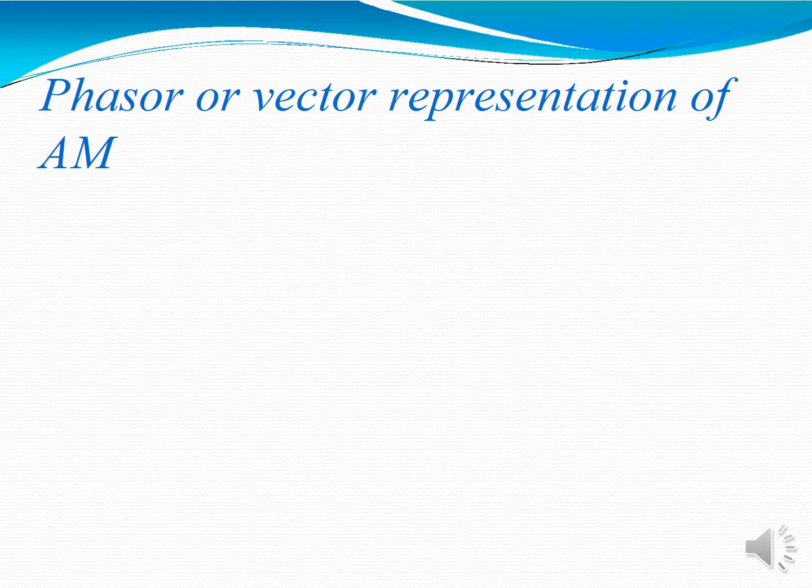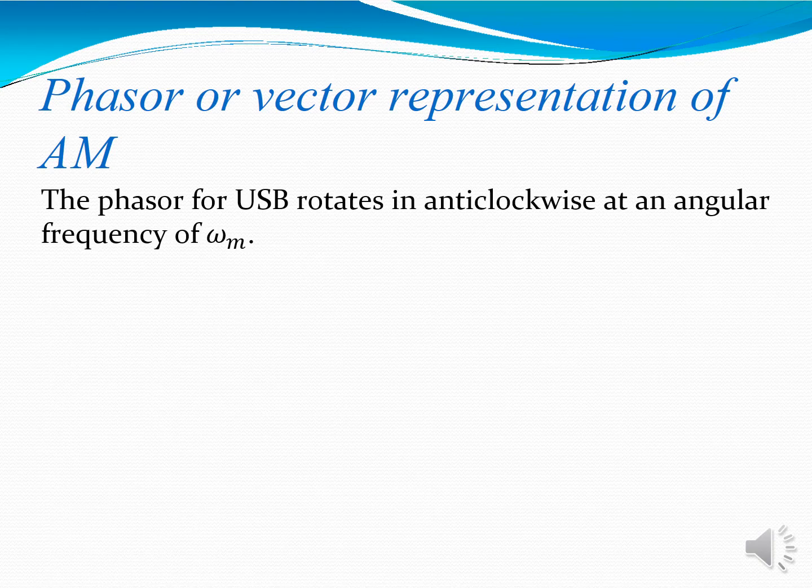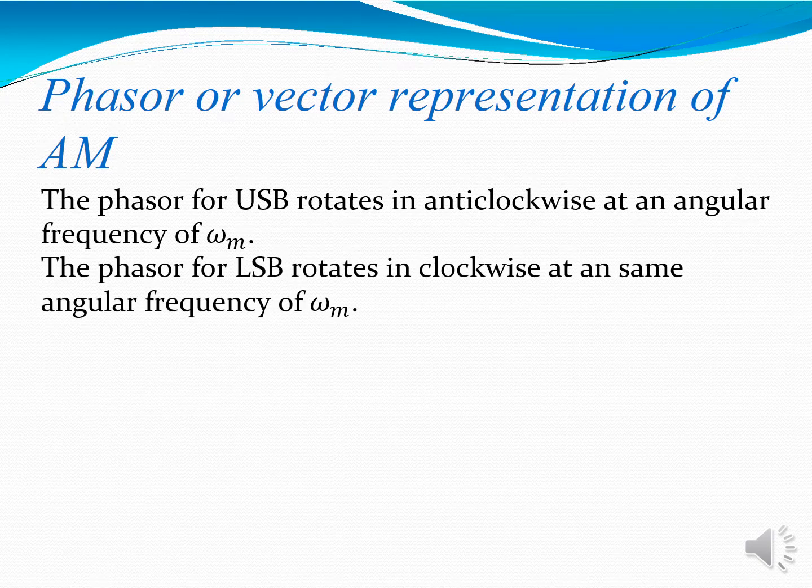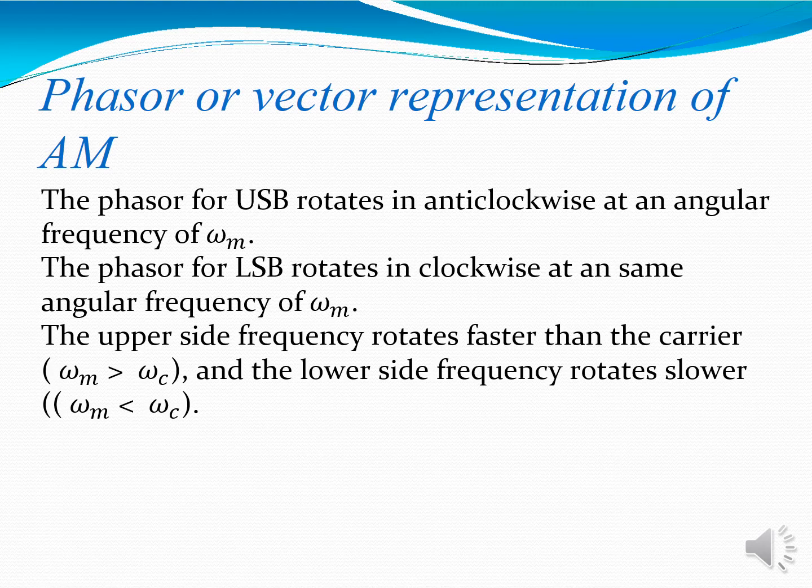Phasor or vector representation of AM. The phasor for upper sideband rotates in anti-clockwise direction at an angular frequency of omega m. The lower sideband will rotate in clockwise direction. This will have the same angular frequency of omega m.